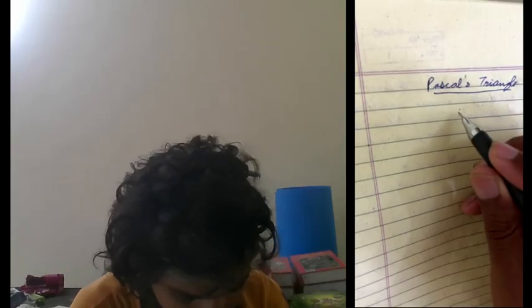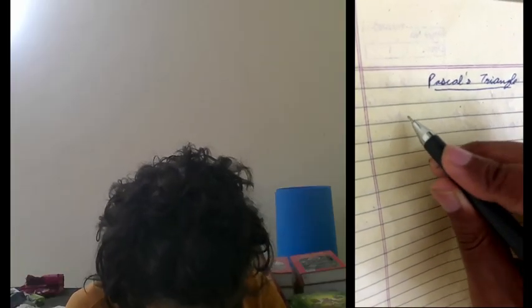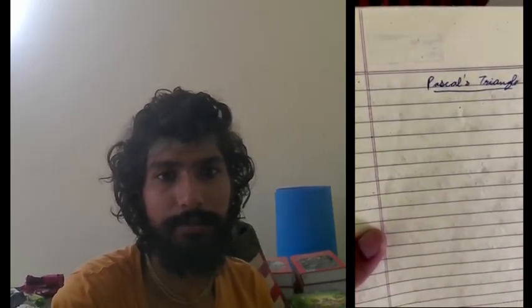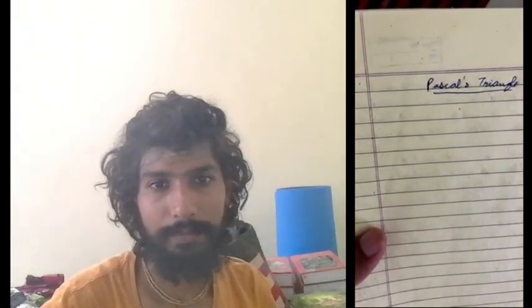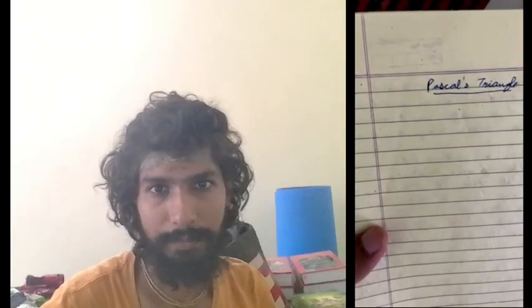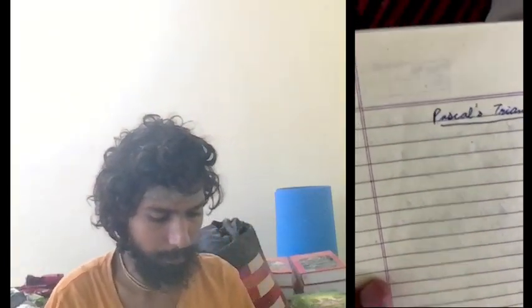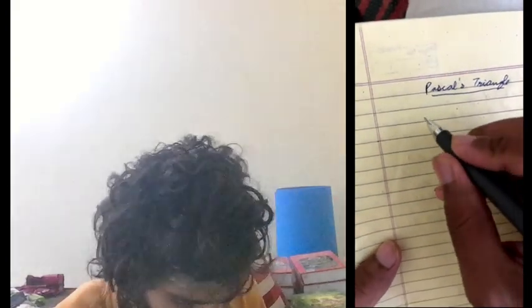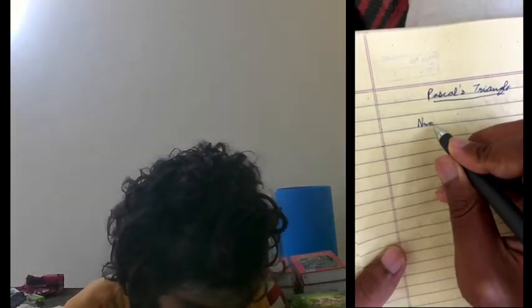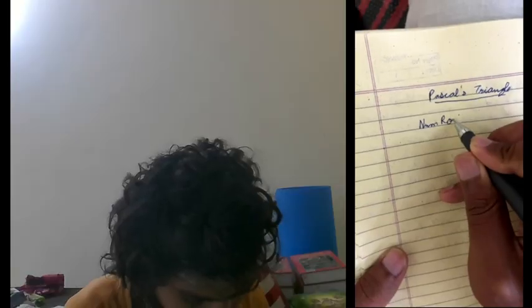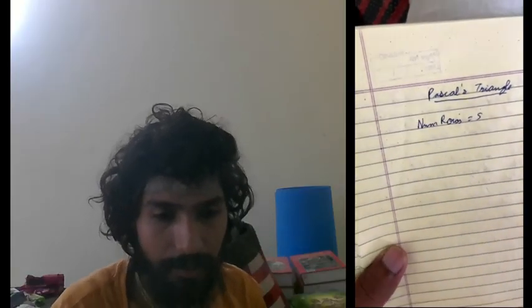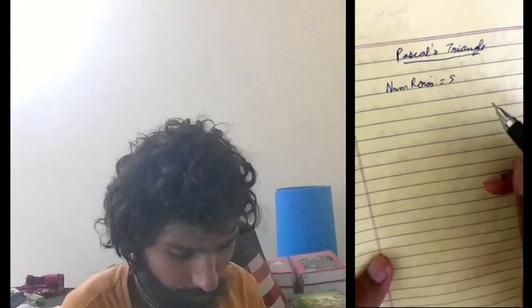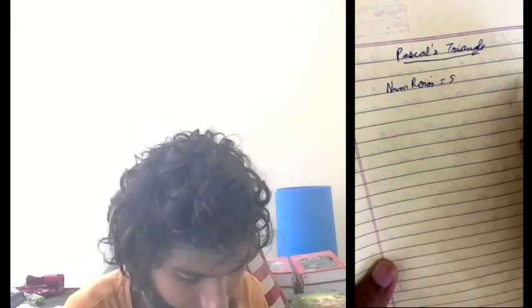Let's start with row 1. So what is our numRows? Our numRows is 5, for example. Then this will be the Pascal triangle.